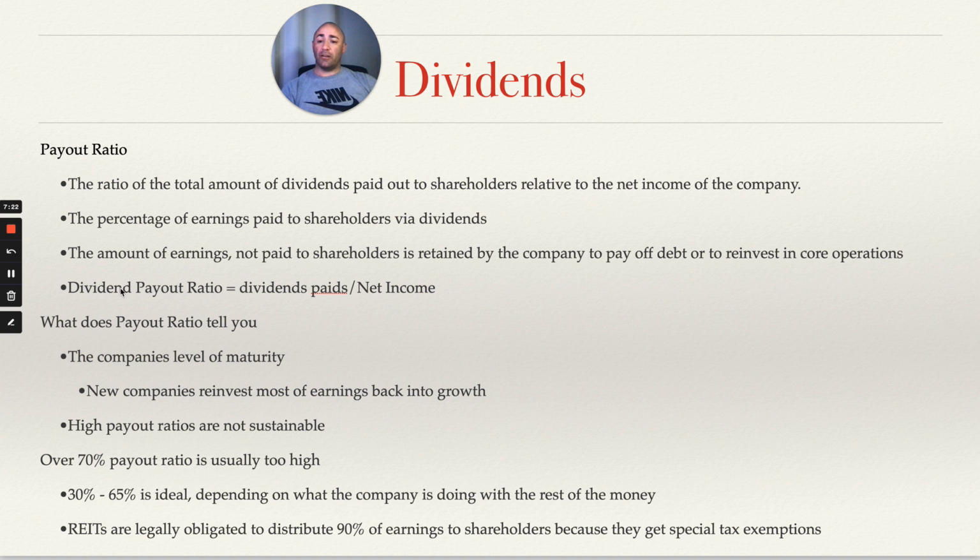So how do they determine the actual payout ratio? The dividend payout ratio equals the dividends paid divided by the net income. In essence, 30 million paid divided by 100 million net income is a 30% payout ratio, right? Another thing about the payout ratio is that it also tells you the maturity level of the company.